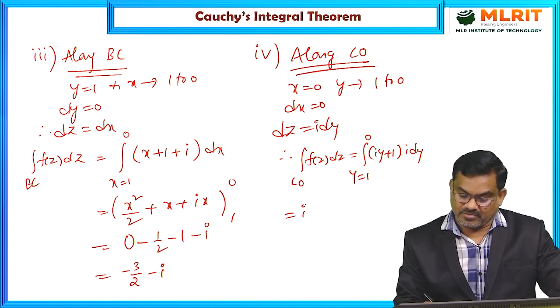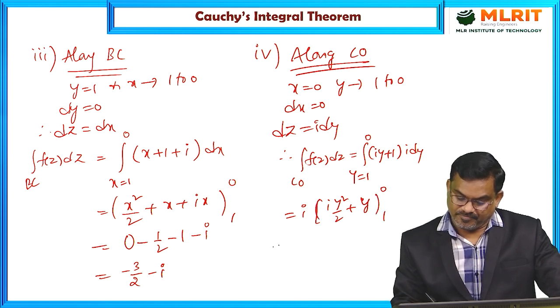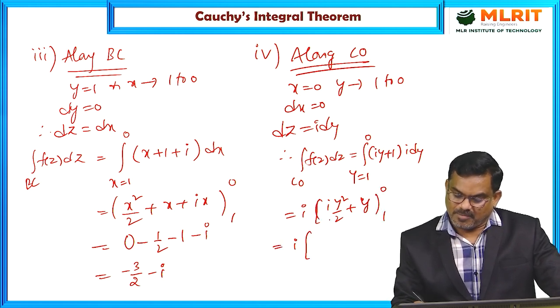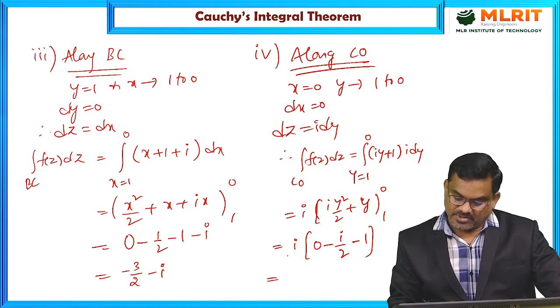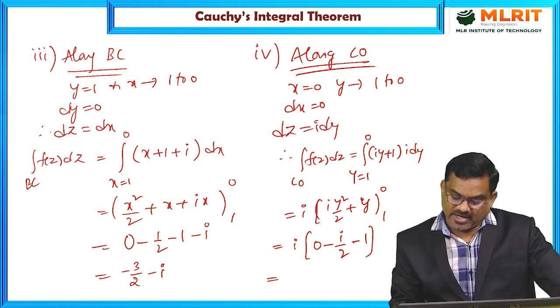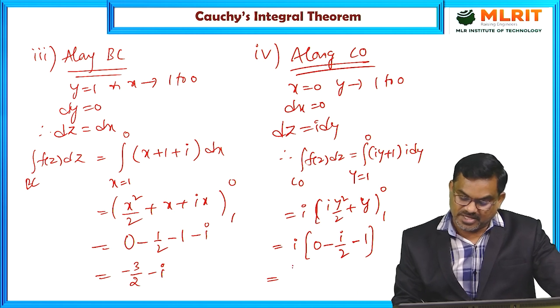Which is equal to i into (y square by 2 plus y) from 1 to 0. So, i into upper limit 0, for lower limit minus i by 2 minus 1. So, this is minus into minus i into i minus i square, which is plus 1 by 2 minus i.